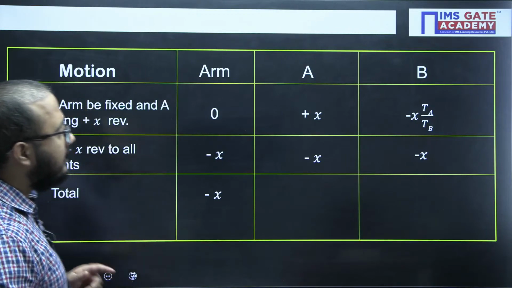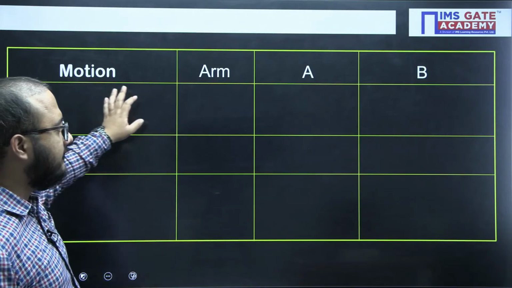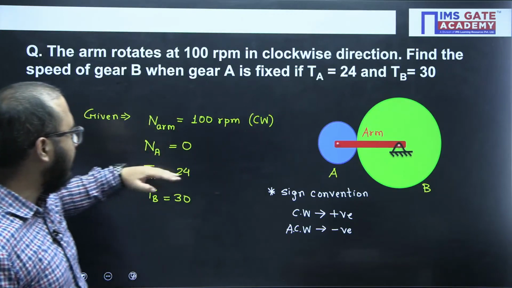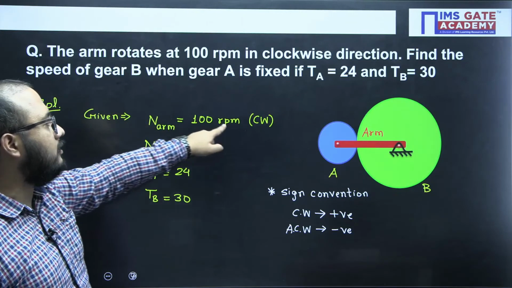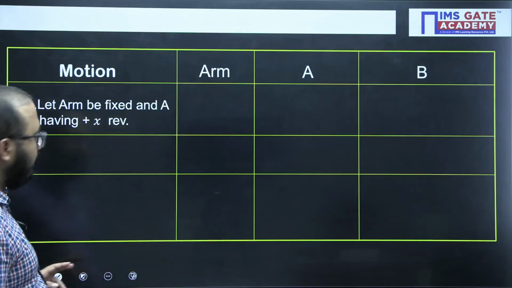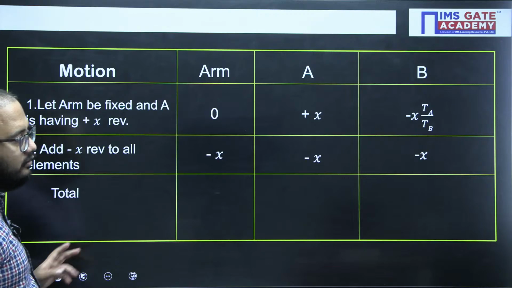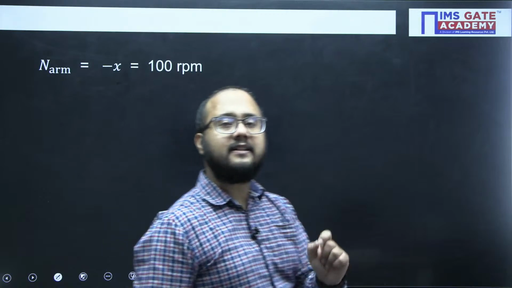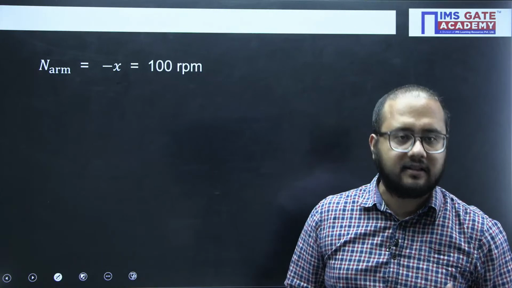Done? Now, coming back to the question again, guys, please see. The number of teeth of A and B are 24 and 30. Arm 100 RPM clockwise they have mentioned. This data I am going to use now. So, first step, speed of rotation of arm is minus x from the analysis we have done.